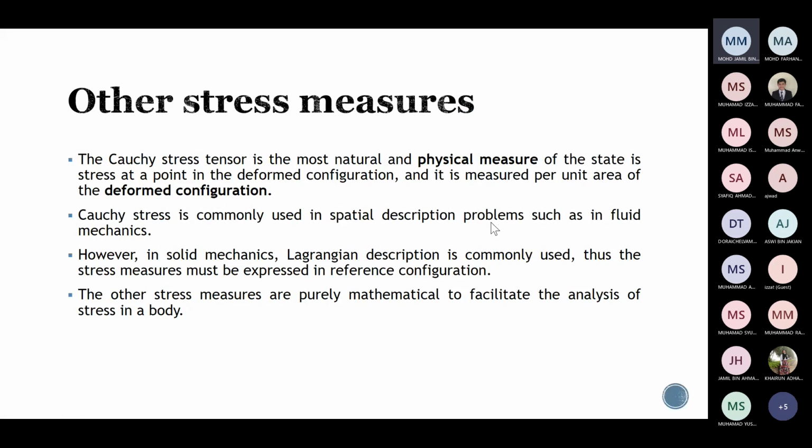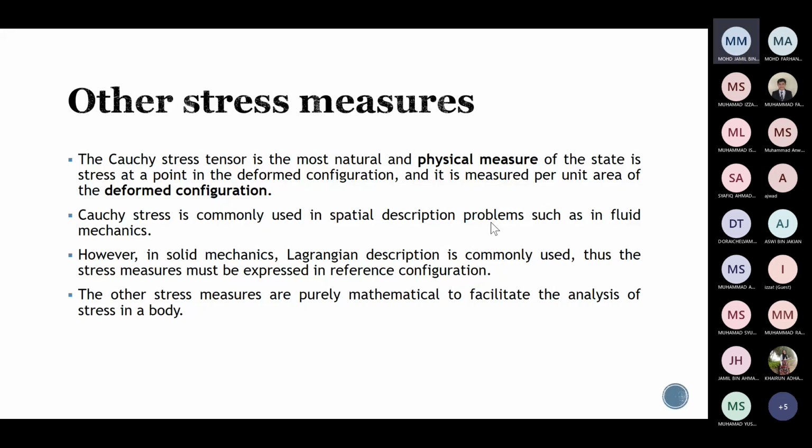We have learned previously that there are different stress definitions, which are the first Piola-Kirchhoff traction vector and the second Piola-Kirchhoff traction vector. This vector is defined depending on the surface area that you use.